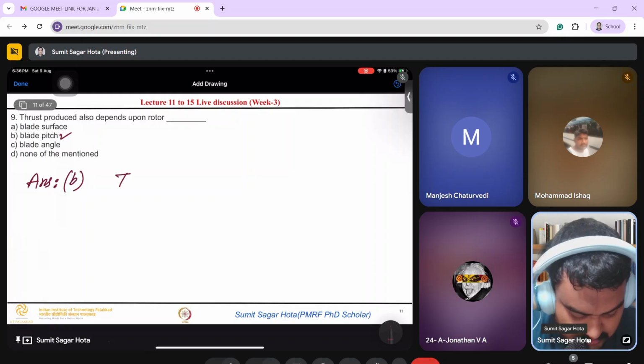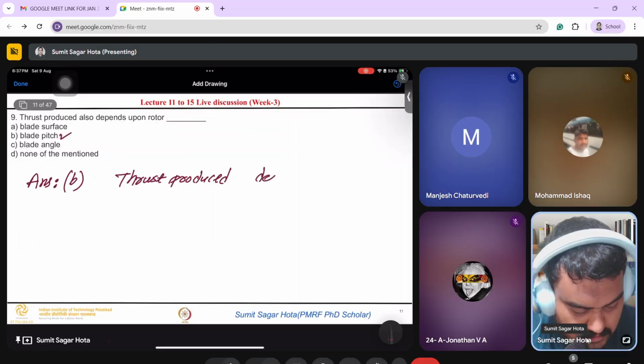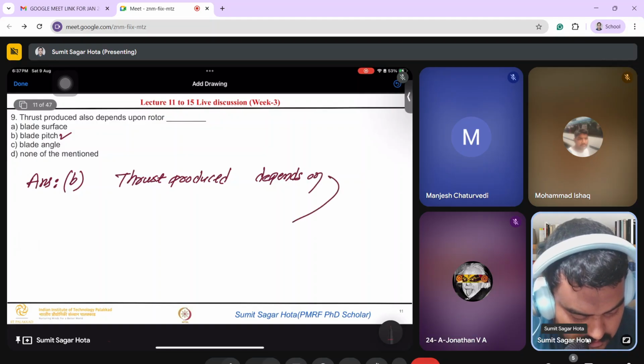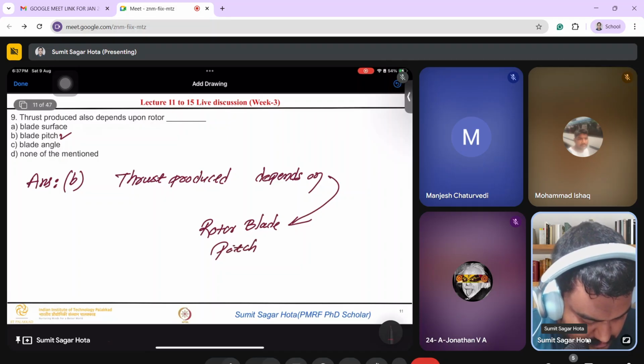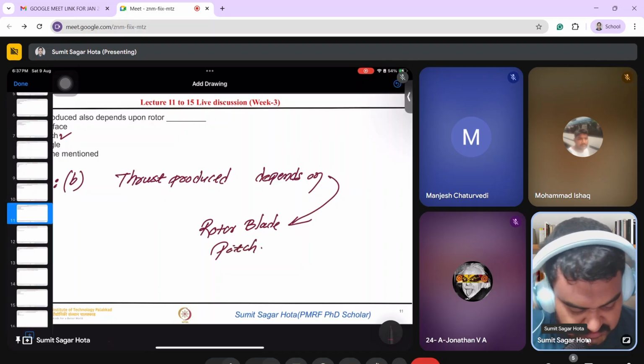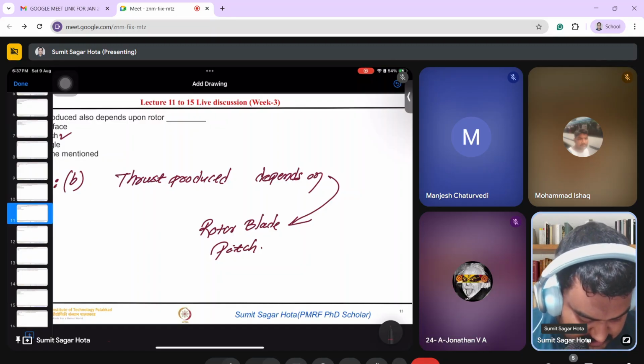Just write down: thrust produced depends on the rotor blade pitch.